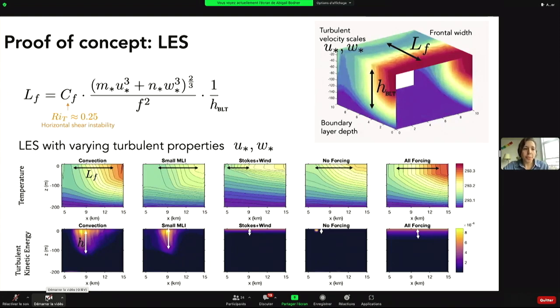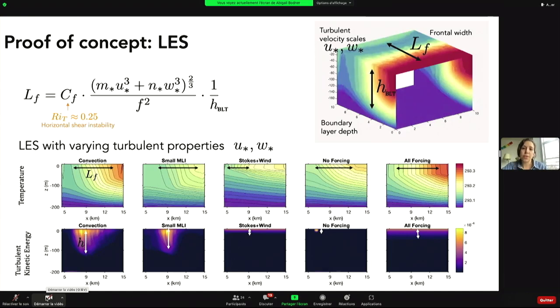So these different large eddy simulations look somewhat like this 3D version. So there is a front that was being imposed by these boundary conditions. And then there are different types of turbulent properties that are being forced at the surface of the front.